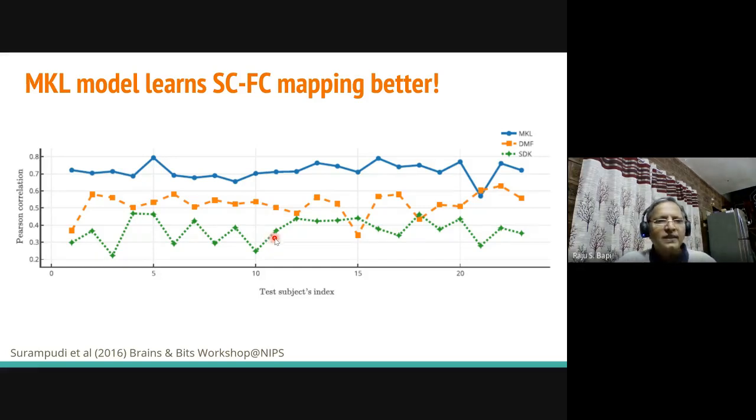What is the goodness of fit for the test subjects? The goodness of fit is how well the predicted functional connectivity matrix correlates with the observed functional connectivity matrix. You get an average of about 0.75 fit with this MKL model.